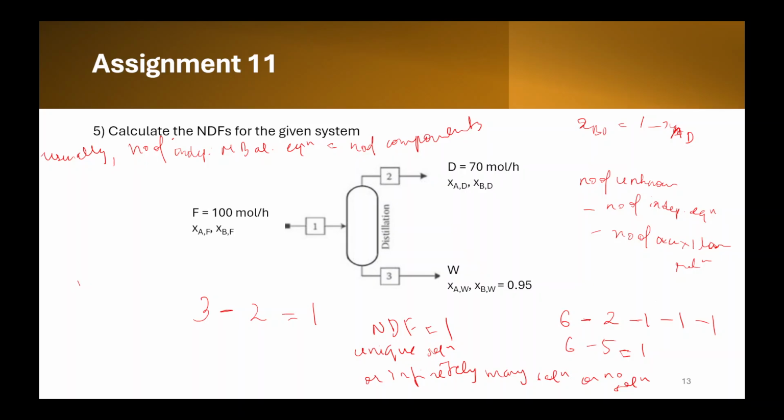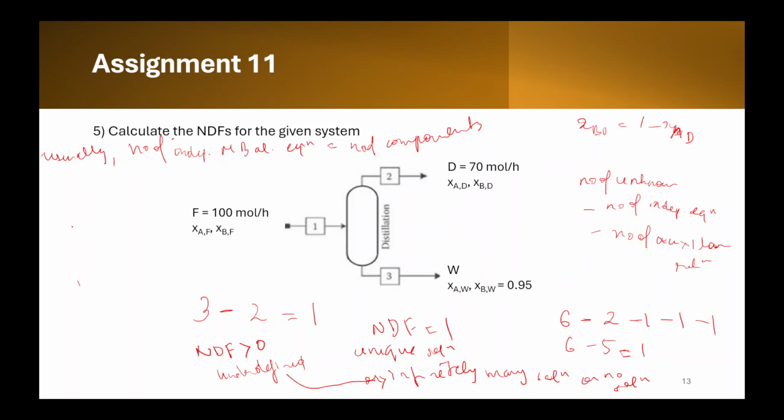NDF equal to 1 is not a unique solution, because NDF equal to 1 is NDF greater than 0. So that means underdefined, so it will have infinitely many solutions. Okay? Did you get it?